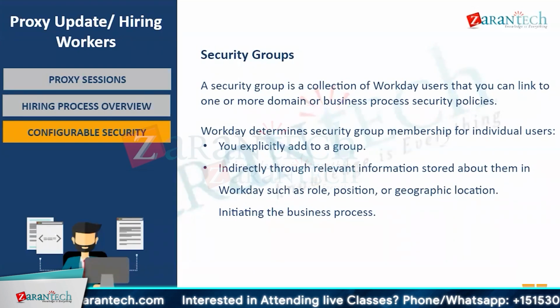One of them is employee as self, right? If it's being hired as an employee, one of the security groups they'll get access to is employee as self. Well, what does that mean? That security group is tied to either domains or business processes, right? These are security policies. There are two types of security policies in Workday: ones for domains and ones for business processes.